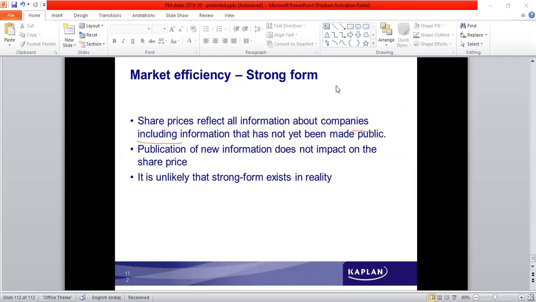So share prices reflect all information about companies, including information that has not yet been made public. Then it says that a publication of new information does not impact the share price. It is unlikely that this strong form of market exists in reality.